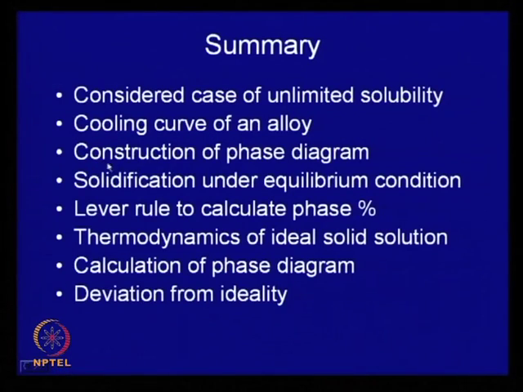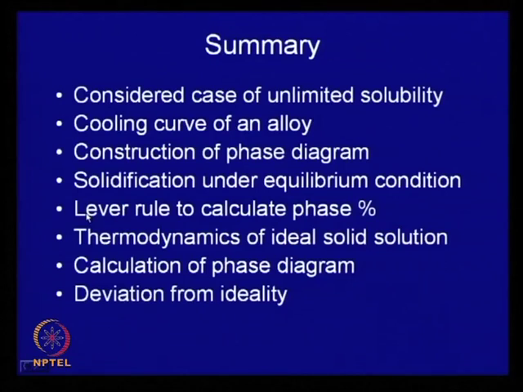We also looked at how from this cooling curve the phase diagram can be constructed, and this phase diagram tells us how solidification proceeds. This describes the process of solidification when thermodynamic equilibrium is maintained at every step. So we can say that this gives you the structure of the alloy if it is cooled under equilibrium conditions.